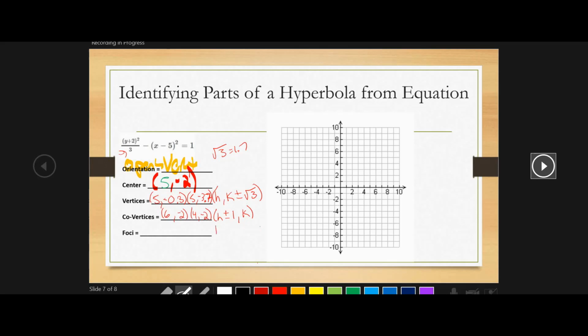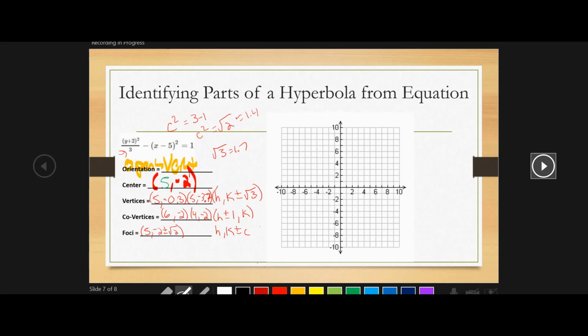So it was going to be H, K, plus or minus C. C for this one is 3 minus 1, so that's going to be c squared equals 2, so c is the square root of 2, which is like 1.4. So the h, which is 5, and then -2 plus or minus the square root of 2. I'm just going to leave it like that.